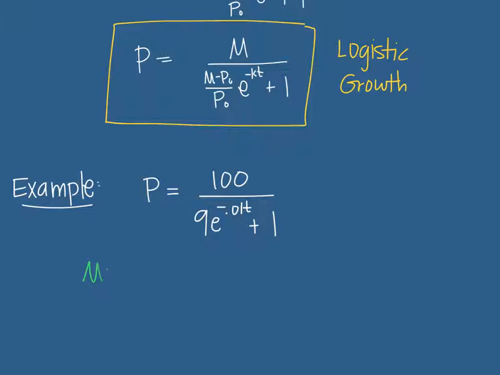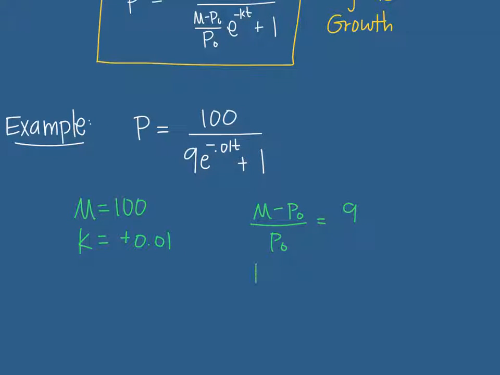Now it's pretty clear that the maximum of this population is going to be 100. Okay, it's also clear that the growth constant of this population is 0.01, because it is the negative of k. So yeah. Okay, the negative of the negative. Okay, now p sub 0, you're going to have to do a little work. All right, we know that m minus p sub 0 over p sub 0 is supposed to be equal to 9 in this case.